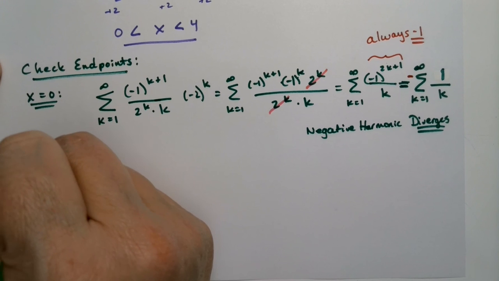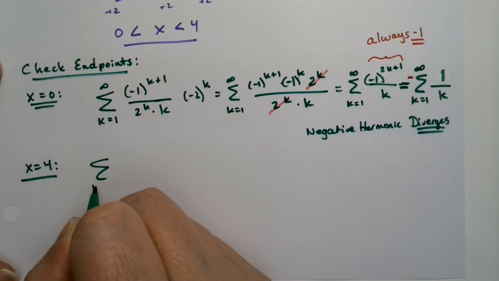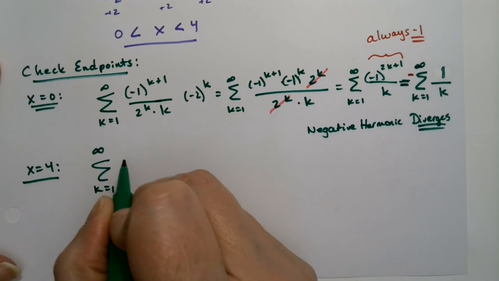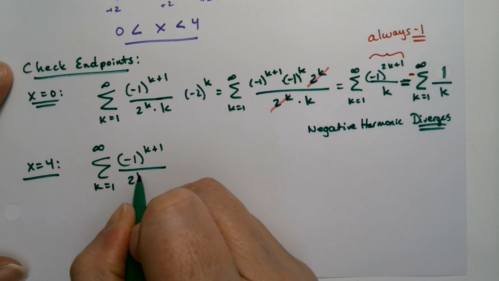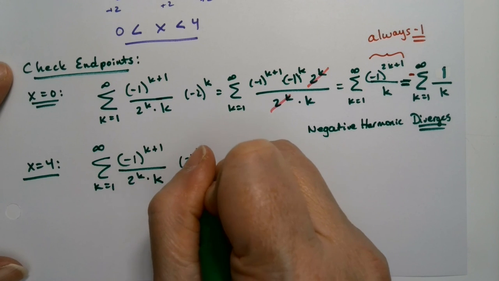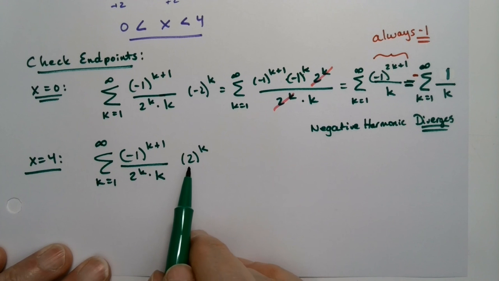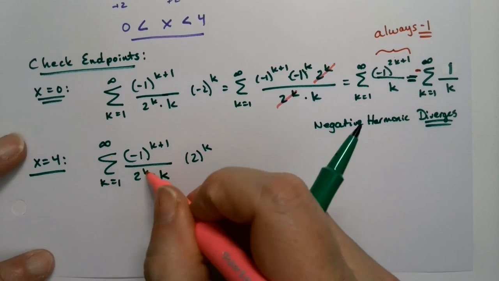All right, now if x is equal to 4, then we have the series k equals 1 to infinity, negative 1 to the k plus 1 over 2 to the k times k, and then I'll have a 2 to the k, because 4 take away 2 is 2. Well, that's gone.